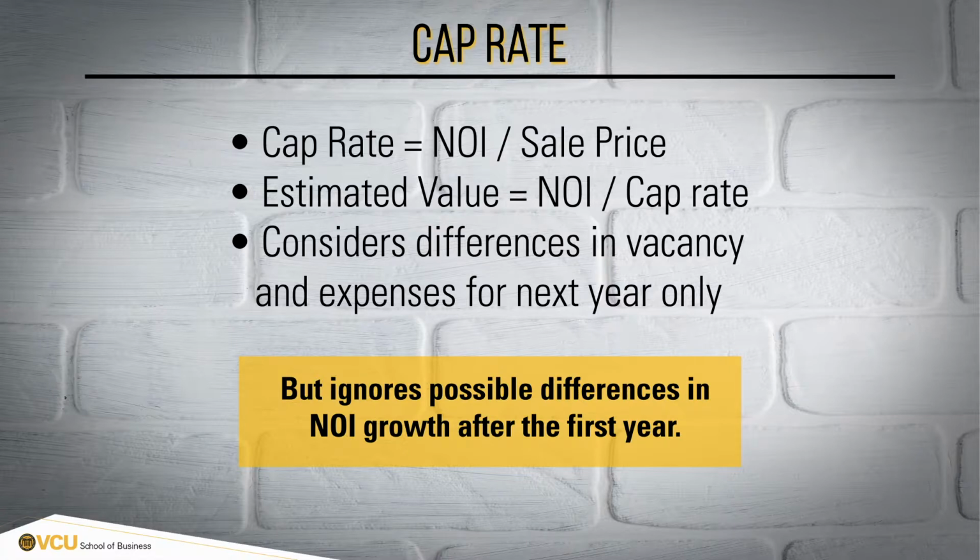So I'm projecting forward. And just to move the terms around a little bit, this is how we estimate the cap rate by NOI over the sales price. And again, as I've said already in the prelude with the prior slide, it's useful for vacancy and expenses for next year and the cash flow for next year, but it doesn't tell us anything about how NOI may change going forward.